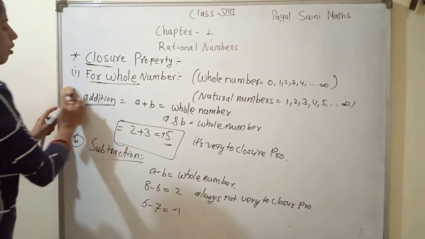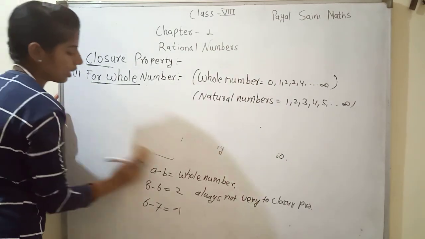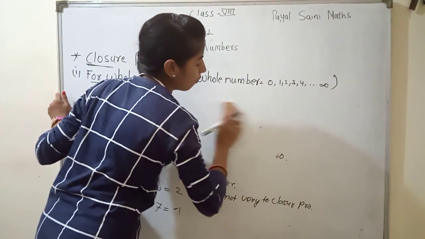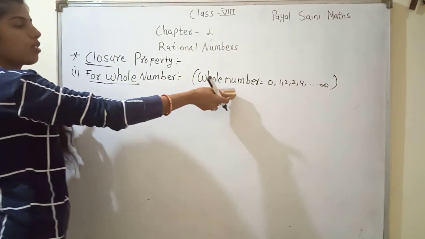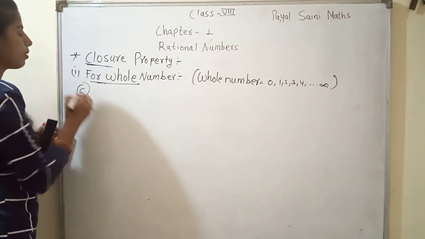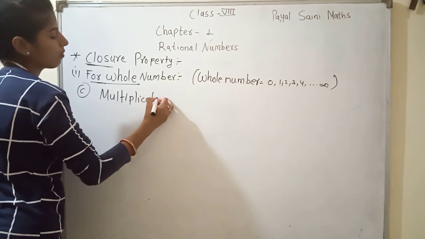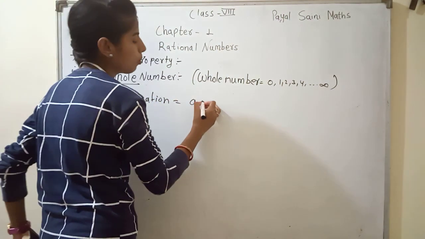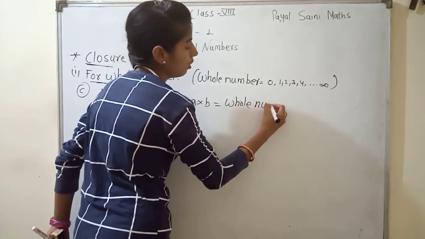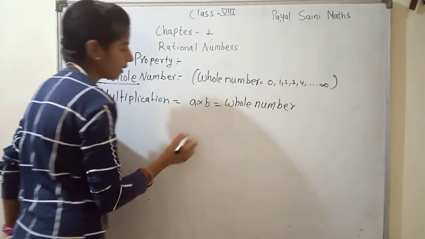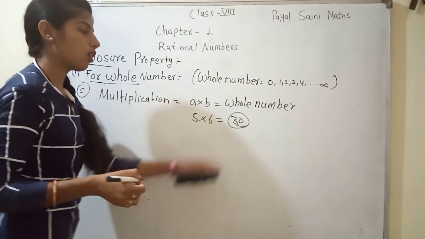Now point C is multiplication. We check multiplication: does it verify, yes or no? It verifies if our answer comes in whole numbers. For multiplication, a into b, your answer should be a whole number. I write 5 into 6 equals 30, and 30 is also a whole number.